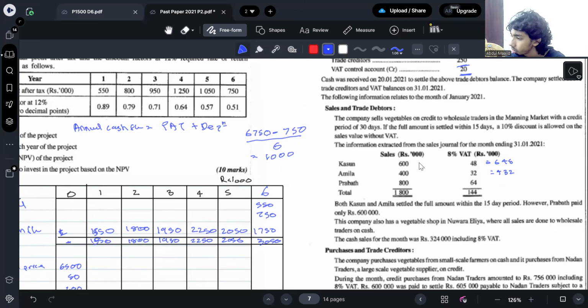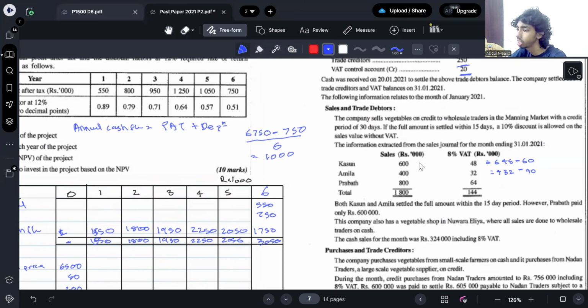If you pay the full amount within 15 days only, you get a 10% discount on the sale value without VAT. So Kasun will get a 60,000 discount. Amila will get a 40,000 discount. You have to give the discount on the sale value excluding VAT.